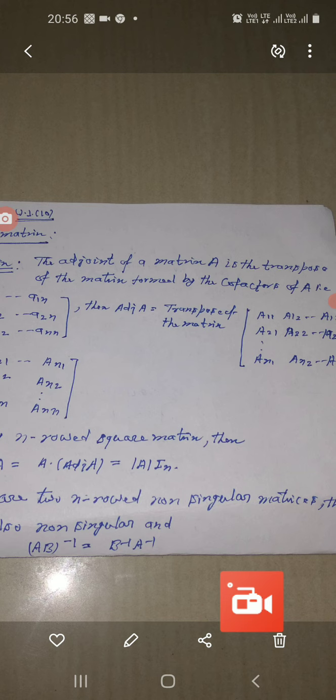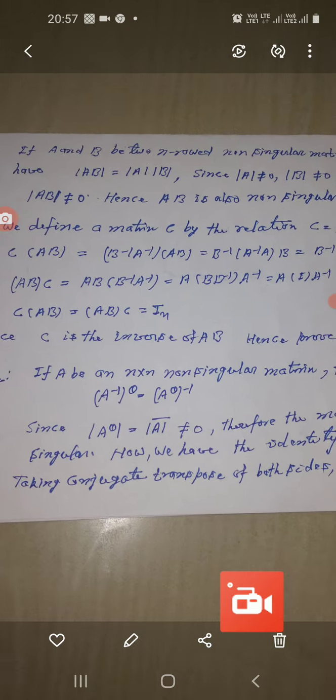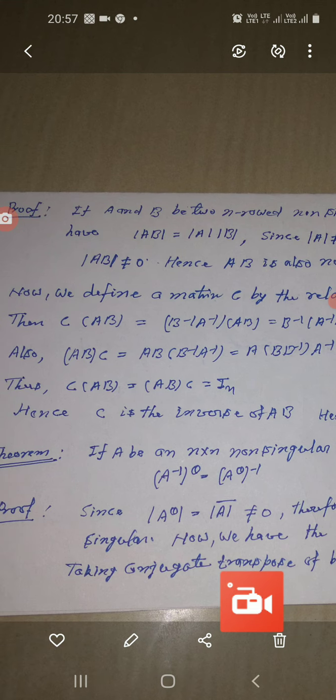The theorem is: if A, B are two n-rowed non-singular matrices, then AB is also non-singular, and the inverse of AB is equal to B inverse into A inverse. Its proof is also very simple, and you can do it very well.